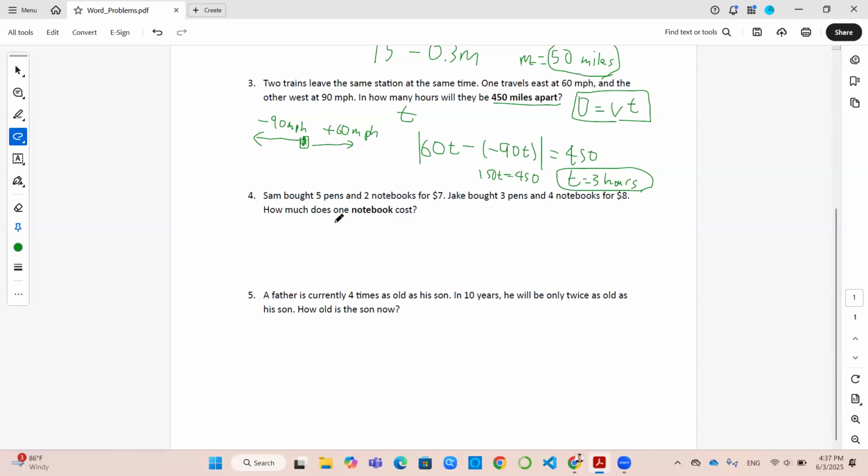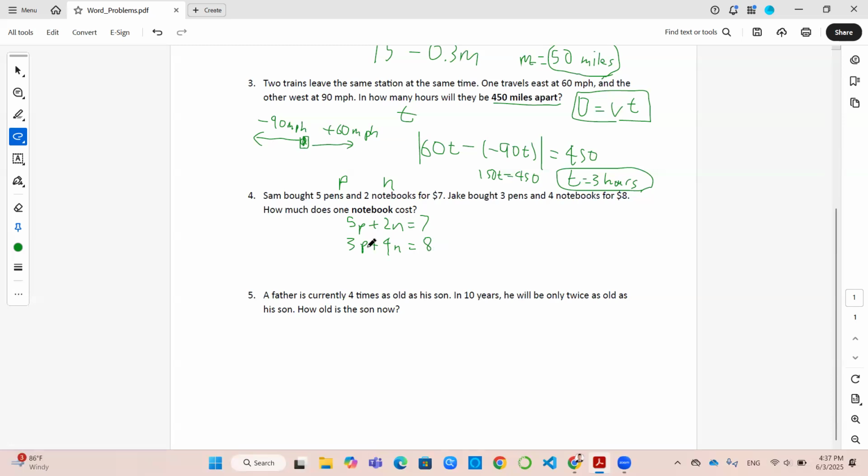So I'm going to go ahead and write P and N respectively. So 5P plus 2N is equal to 7, and 3P plus 4N is equal to 8. And we're trying to determine how much one notebook costs.